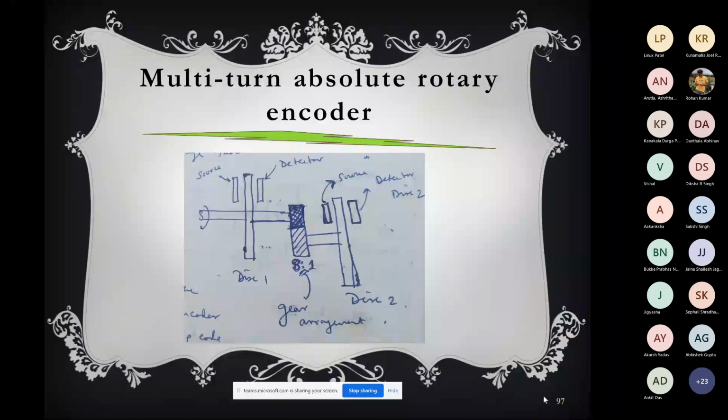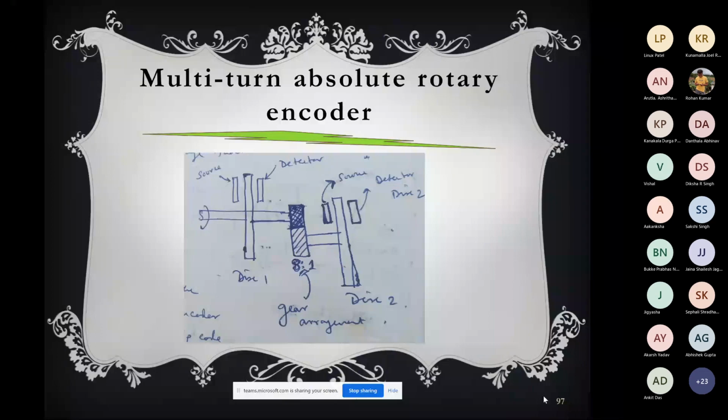To rotate disk 2 one full cycle, 360 degrees, disk 1 has to rotate 8 times. In other words, if disk 1 rotates a full 360 degrees, disk 2 rotates only 45 degrees. This is the kind of gear arrangement 8 is to 1.